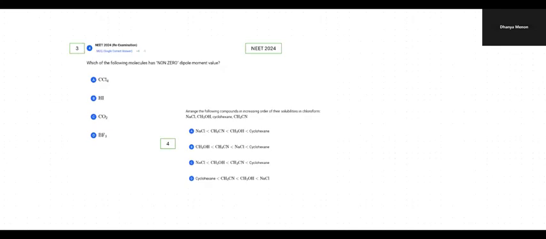Now, coming to the third question. Which of the following molecules has a non-zero dipole moment value? Non-zero, that means they have some dipole.